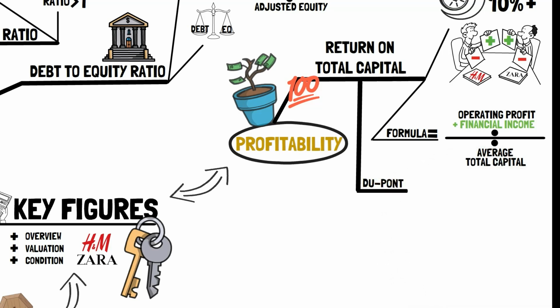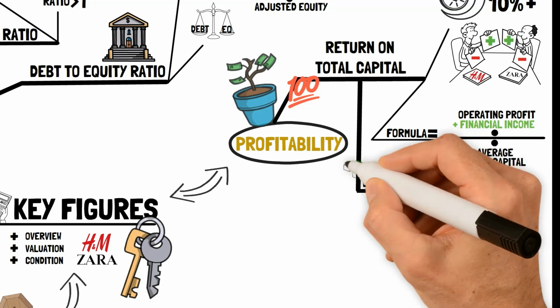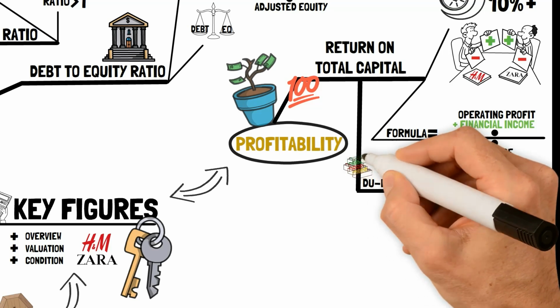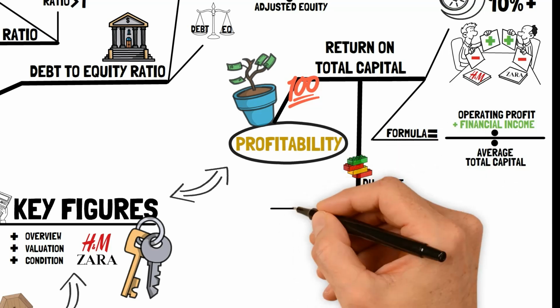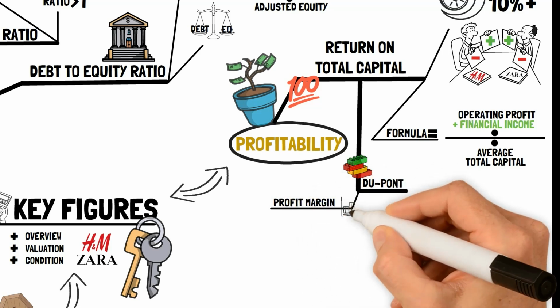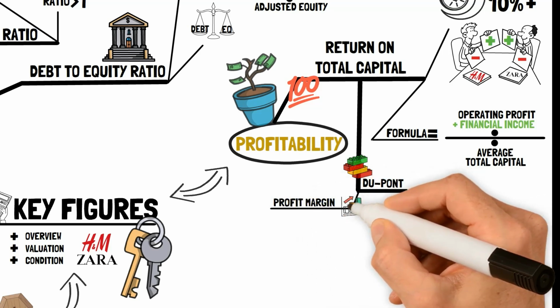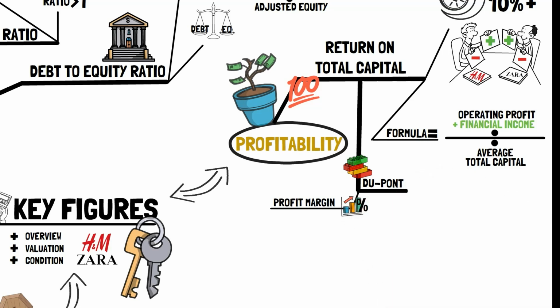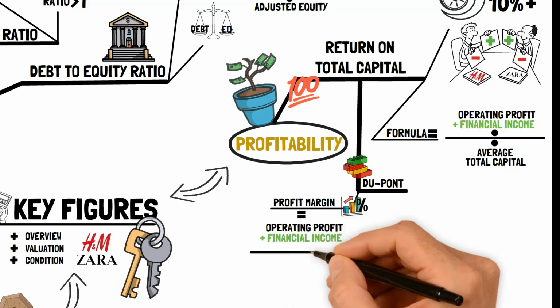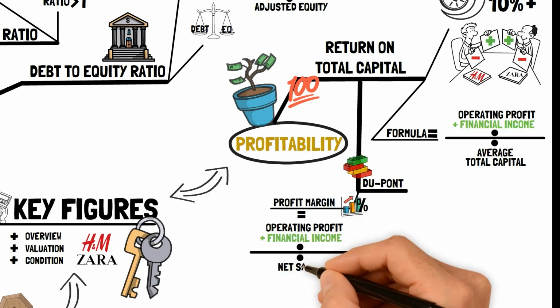Du-Pont. Return on total capital. Measures profitability by comparing profit margin against the asset turnover ratio. Profit margin. A measure of how much profit is created based on revenue. It's equal to operating profit plus financial income divided by net sales.